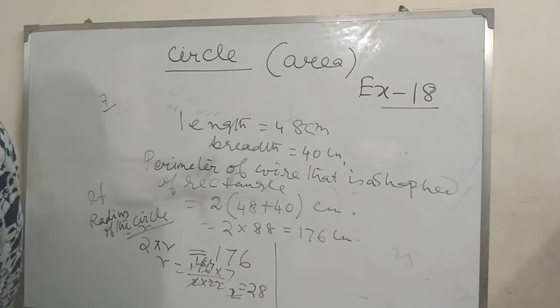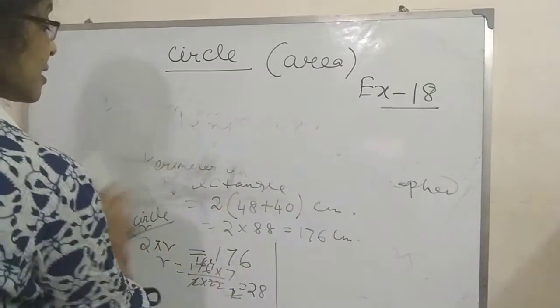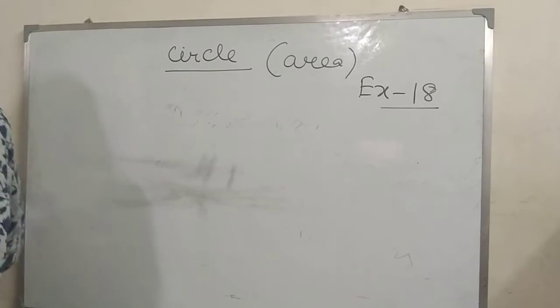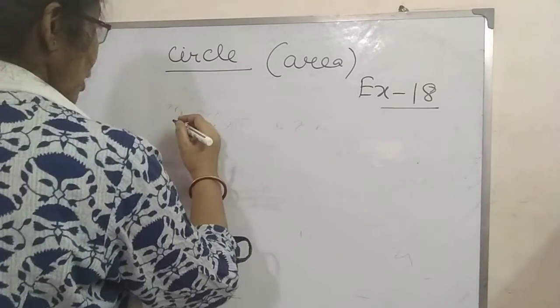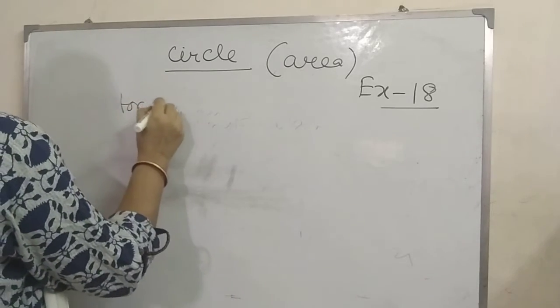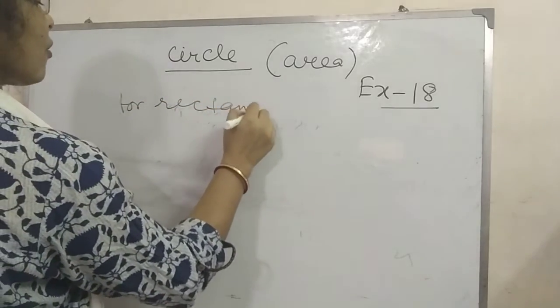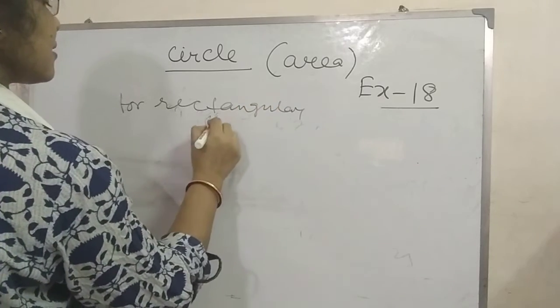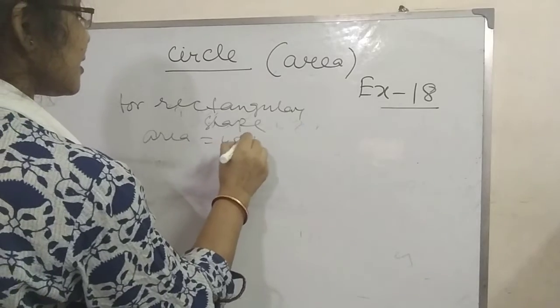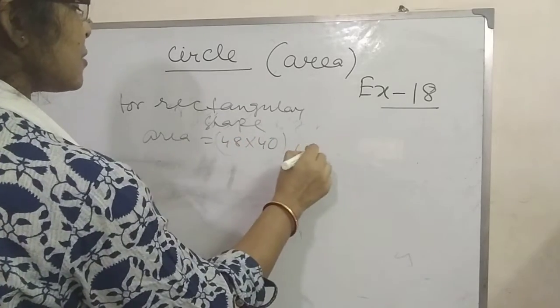Here, the next portion is: what area is maximum? For the rectangular shape, area equals 48 into 40 centimeter square.